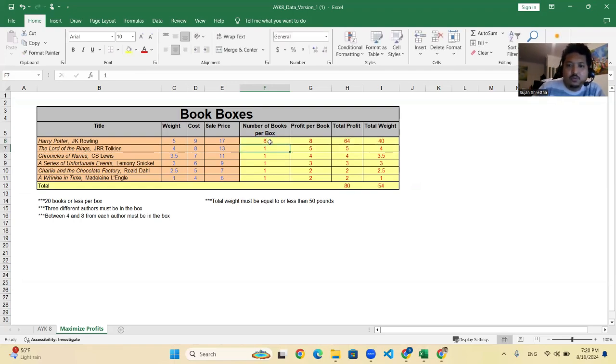If we take 8 books, we get a profit of 80, but the total weight will be 54, which exceeds the weight limit. So let's take 7, and I will remove all these and make it none. If I take 7 books, the profit will be 56 and the total weight will be 35.